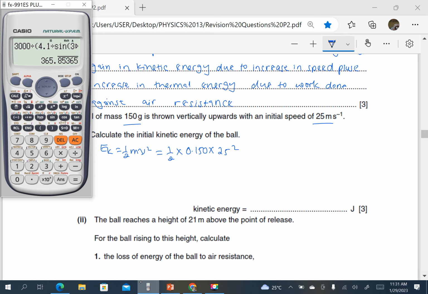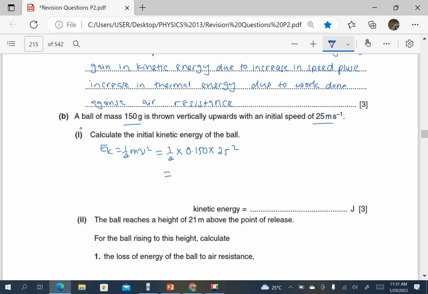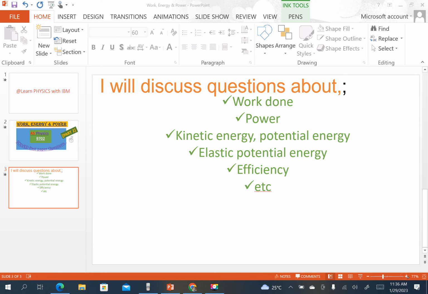Just check the calculator: 0.5 times 0.15 times 25 squared. So the kinetic energy is 46.875, approximately 47 joules.